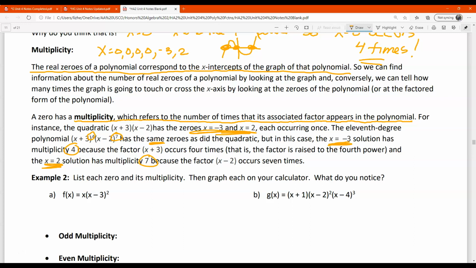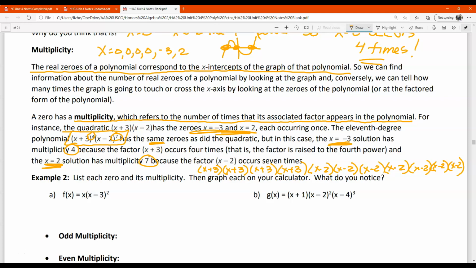So remember, if you have this or something similar, what you technically have is (x + 3) times (x + 3) times (x + 3) times (x + 3). You have 4 of those x + 3s. And then for the other, you have 7 of these. That's kind of fun. 1, 2, 3, 4, 5, 6, 7.